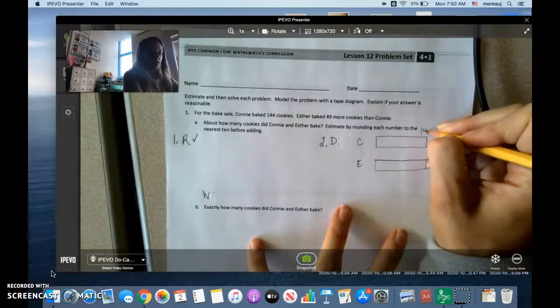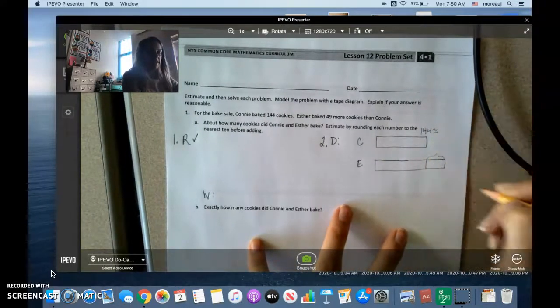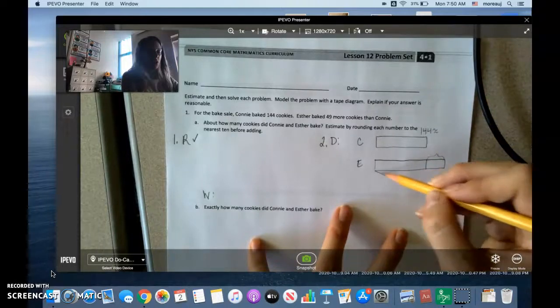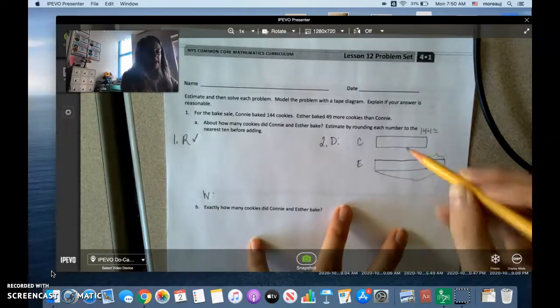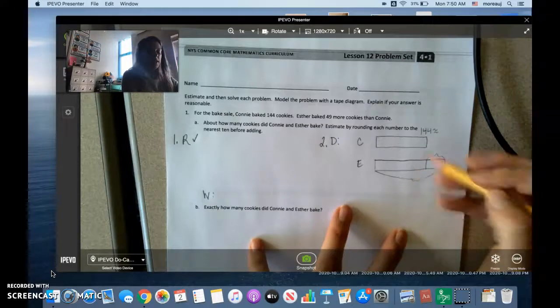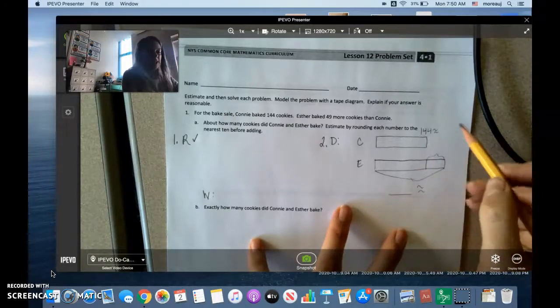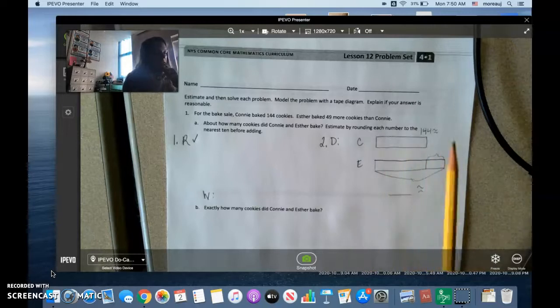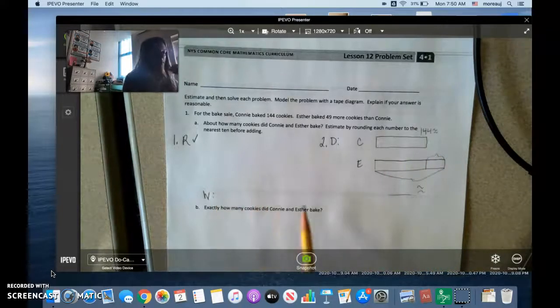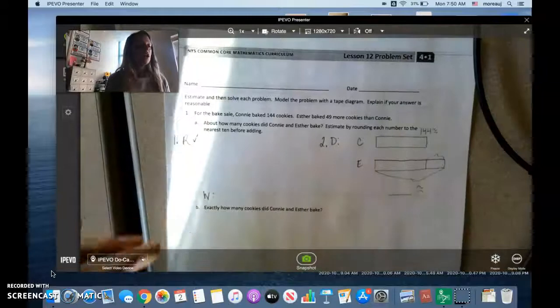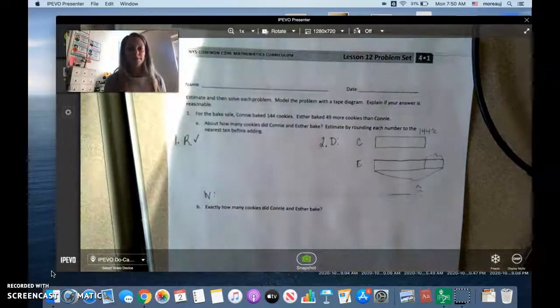And then when I find out the total number of cookies Esther has, then I'm going to round that. And then I'll add these 2 numbers, and I'll be able to find out how many cookies Connie and Esther baked.